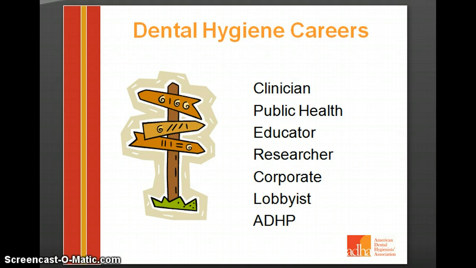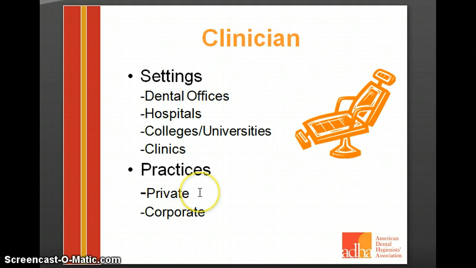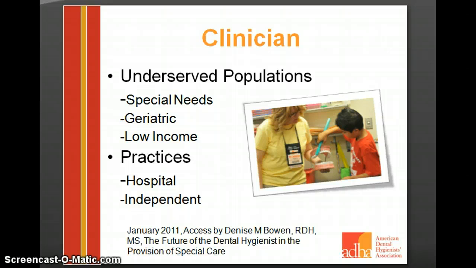Well, what I have asked them to accomplish is basically, as you've seen by a few of these slides that have gone by, to pick out one of the careers that one could have who holds a dental hygiene license. And so here is clinician. There's more information. So they could pick clinician in a geriatric office, or a clinician that worked at a hospital.